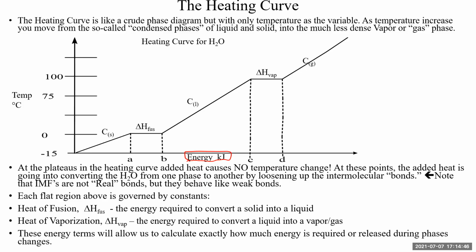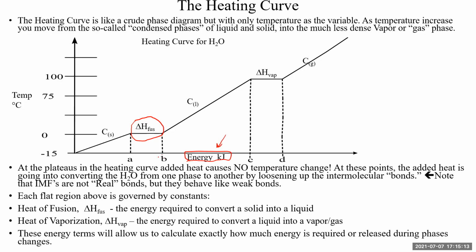And generally, as you increase in temperature, you are either moving through different temperatures of the same phase or moving across phases from one physical state to another. So the plateaus or the flat regions on this curve are points at which the temperature doesn't increase despite the fact that we are adding more energy.